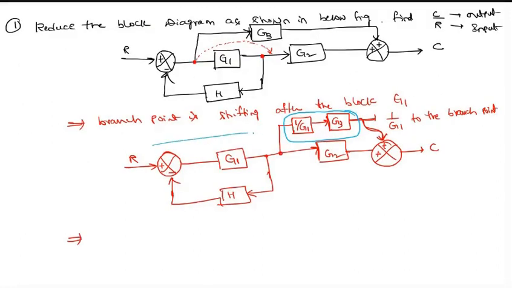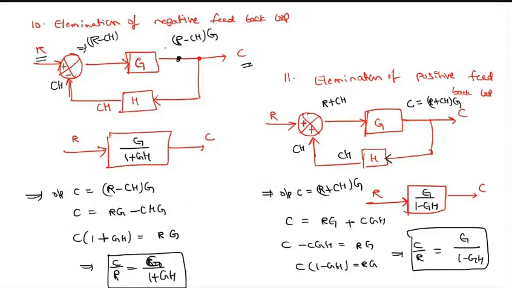And if you look at this block diagram, this will be rule number 10. What is rule number 10? Elimination of negative feedback. This is rule number 10.